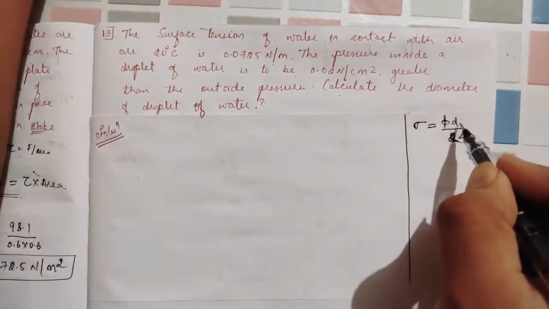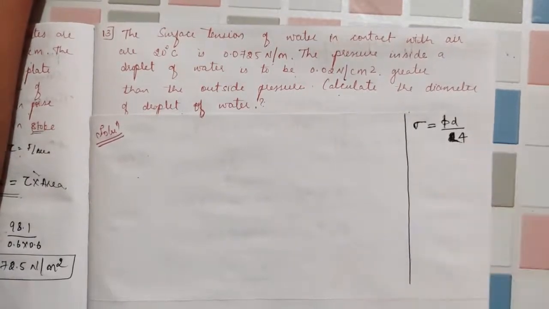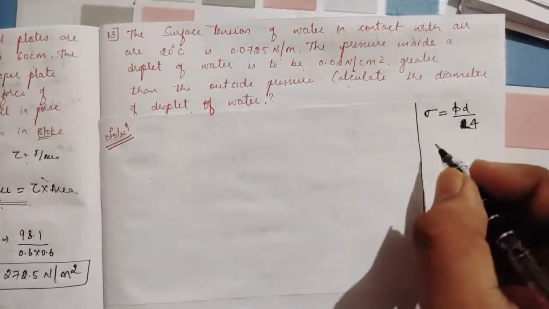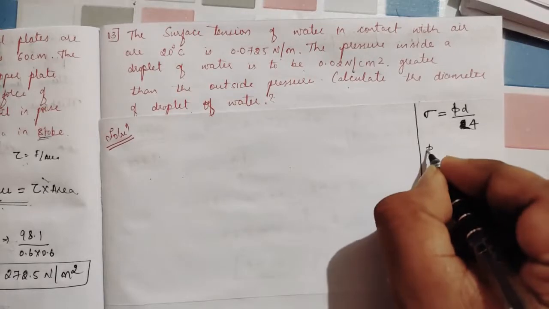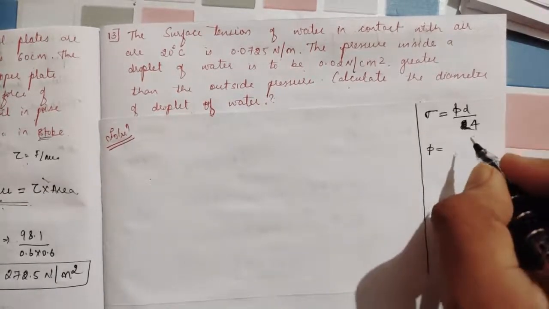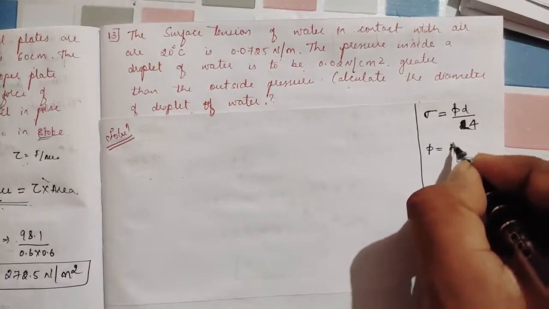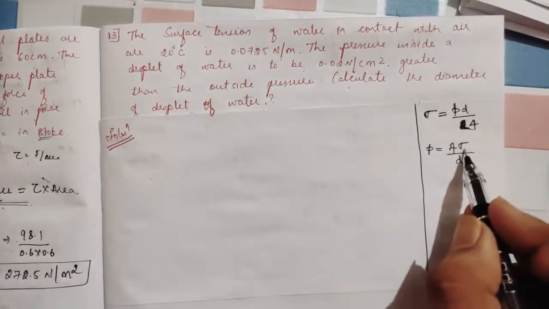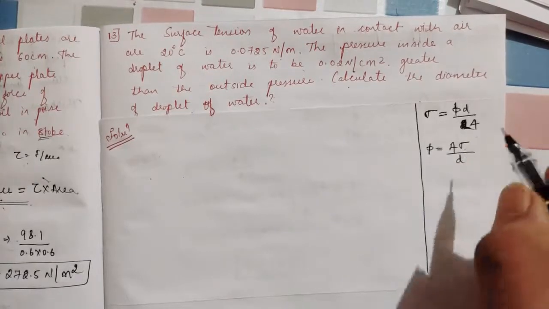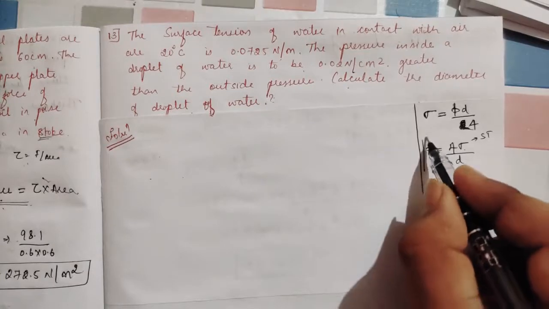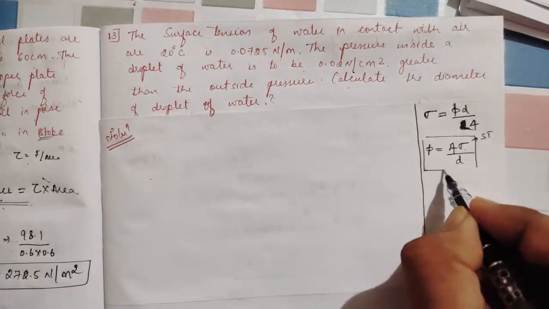Pressure, diameter, divided by 4. Or else remember what we did in the theory, that is P is equal to 4 sigma by D. This sigma is surface tension.